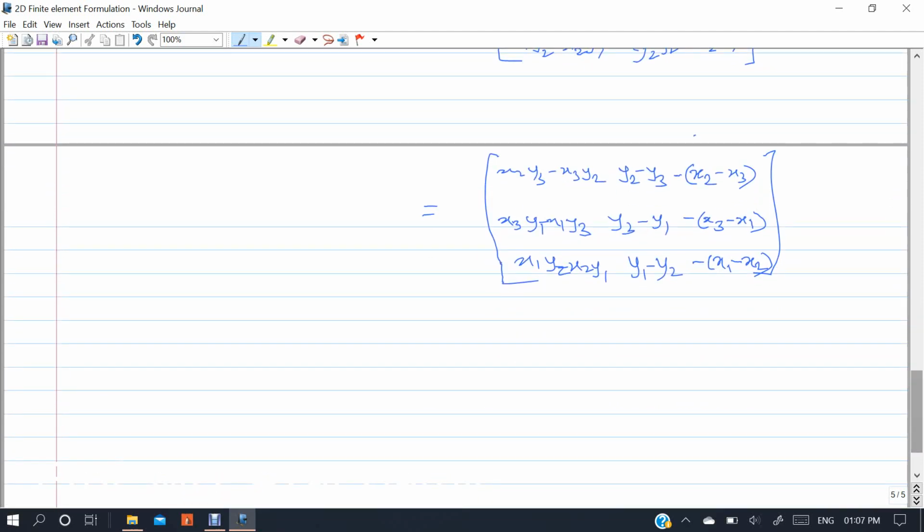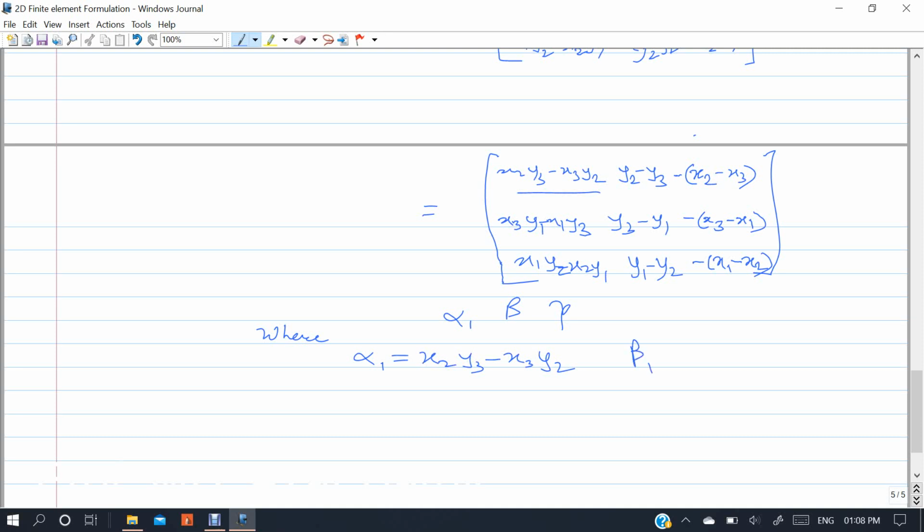Now, instead of writing all these x3 and so on, we can take constants as alpha, beta and gamma. We can use that constant, where we will consider alpha 1 equal to the first one, that is x2 y3 minus x3 y2.